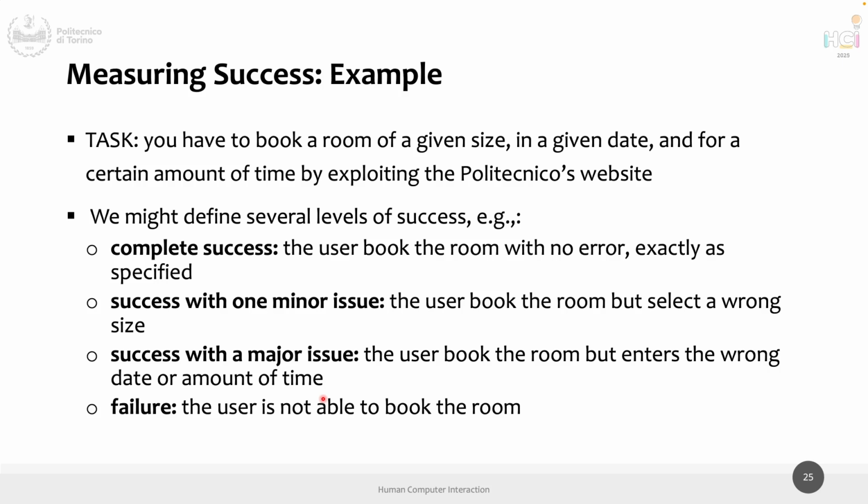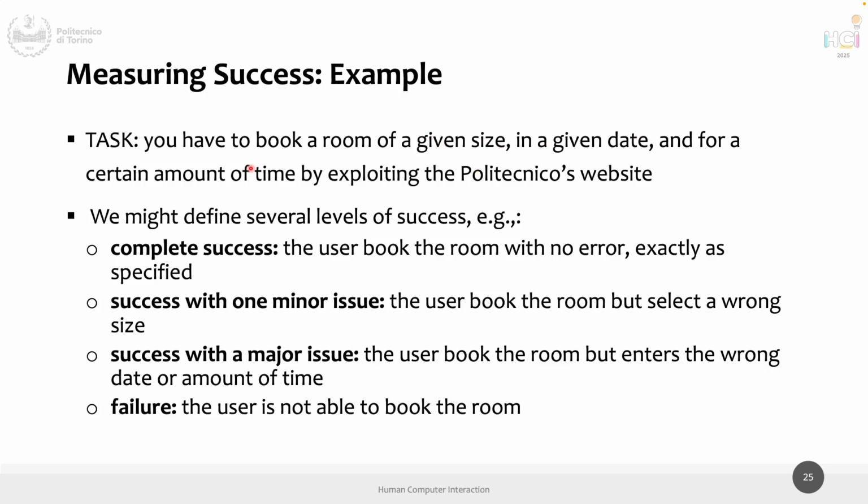Complete success: the user booked the room without error, as specified. Success with one minor issue, with a non-critical error: the user booked the room but selected a wrong size. Success with a major issue: the user booked the room but entered the wrong date or amount of time. Because in this case, the size is less important than the date or the time.